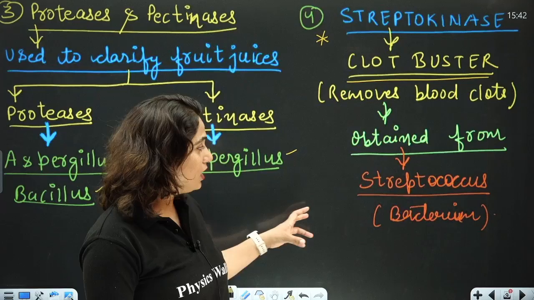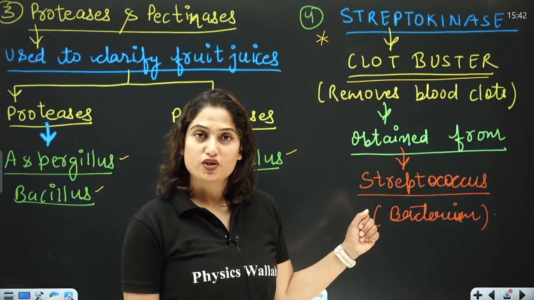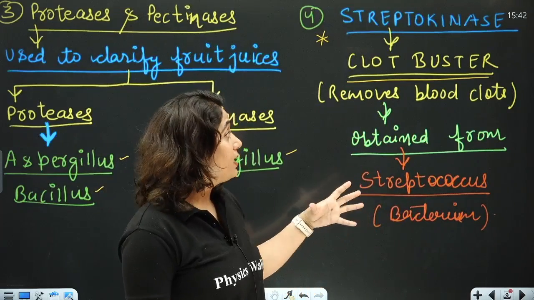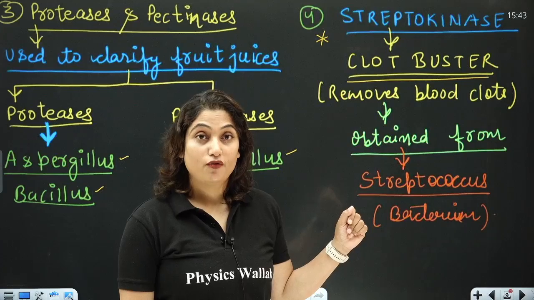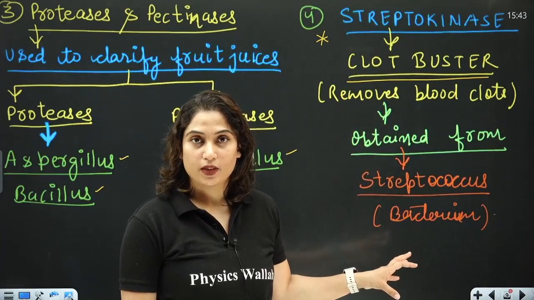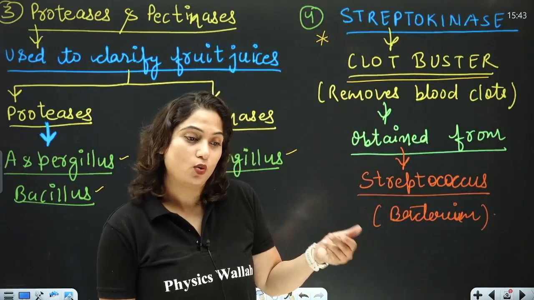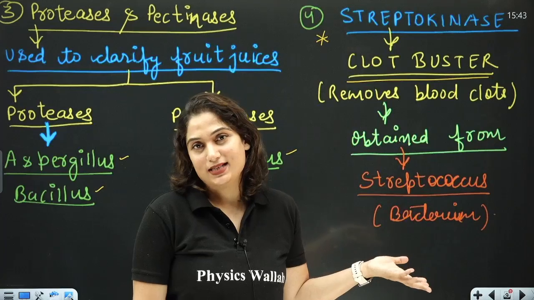And this is obtained from the bacteria Streptococcus. If the question says that streptokinase is obtained from fungi, it would be false. Streptokinase is obtained from Streptococcus. So you can easily learn this. Streptokinase, Streptococcus. And you know Streptococcus is a bacteria.